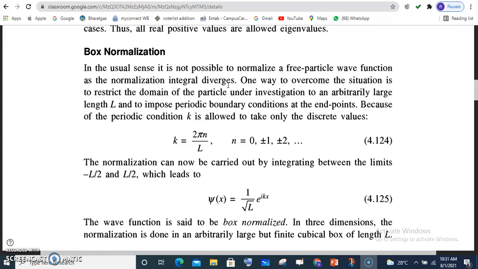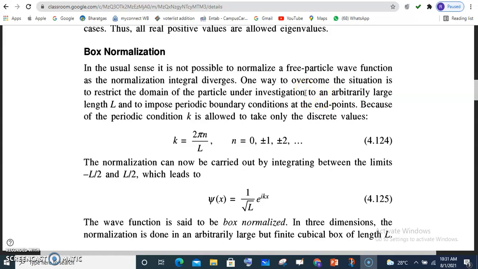So one way to solve this situation is to restrict the domain of the particle, that is a free particle, under investigation to an arbitrarily large length L and to impose a periodic boundary condition at the endpoints. There are many ways to normalize the free particle wave function.